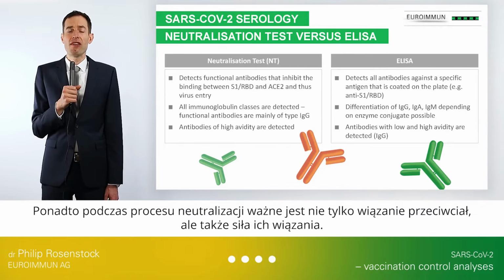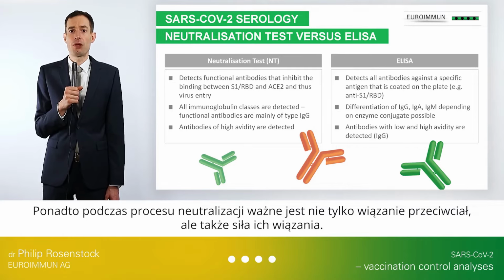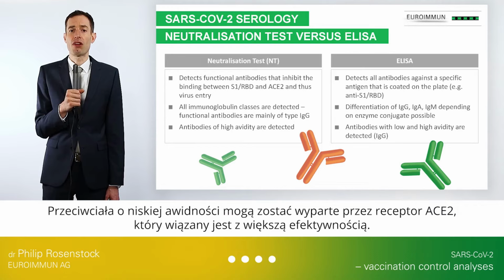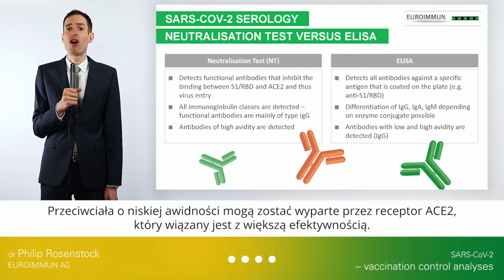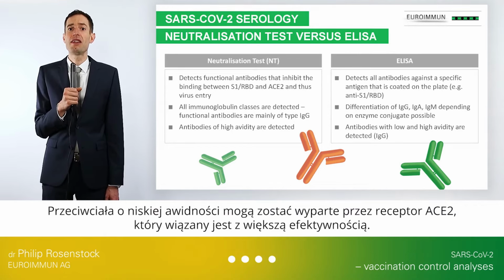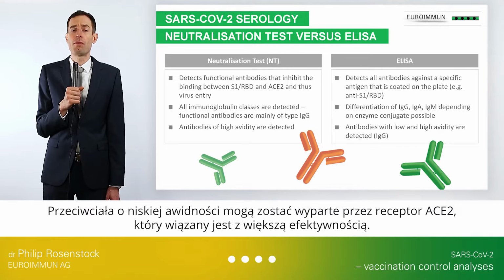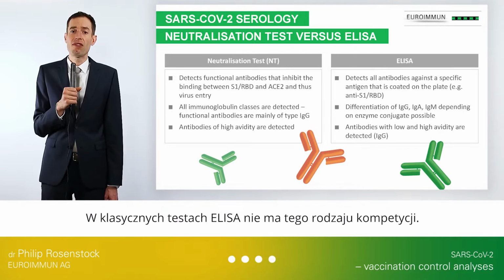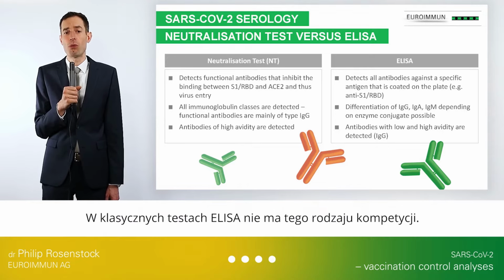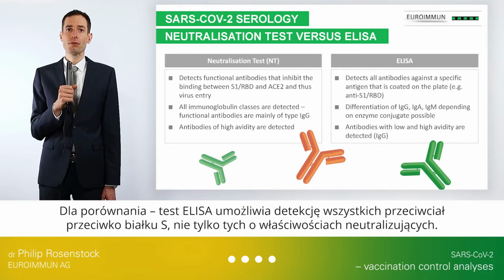And last but not least, it's not only antibody binding, but also the strength of the antibody binding that plays a role in neutralization, because antibodies of low affinity or avidity might be displaced by ACE2 because it's binding more efficiently. And since in a normal ELISA format we don't have this competition, this might not be detected.